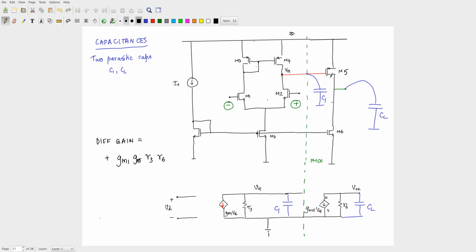It is going to drive the second stage, and at the input of the second stage, this is a common source amplifier. So at this input you will have the CGS corresponding to this amplifier plus the Miller capacitance of this amplifier itself. That will be the dominant capacitance, and that is why I put this C1 here. Similarly, this stage is going to drive the next stage, and that is this. That is why I have taken just these two capacitors to do the analysis.